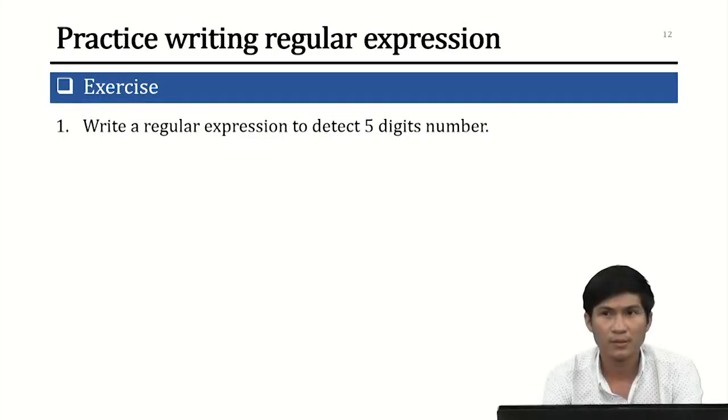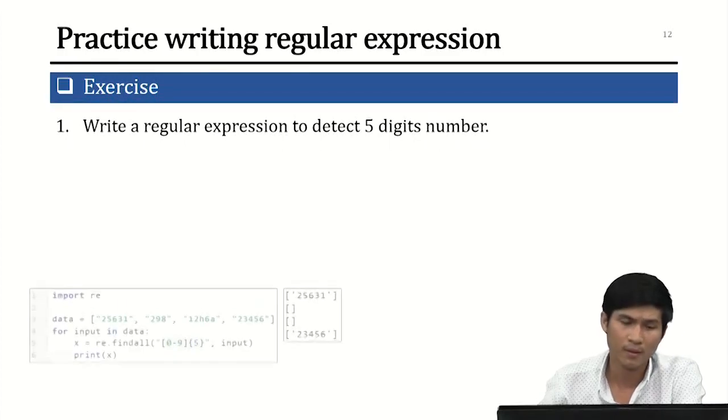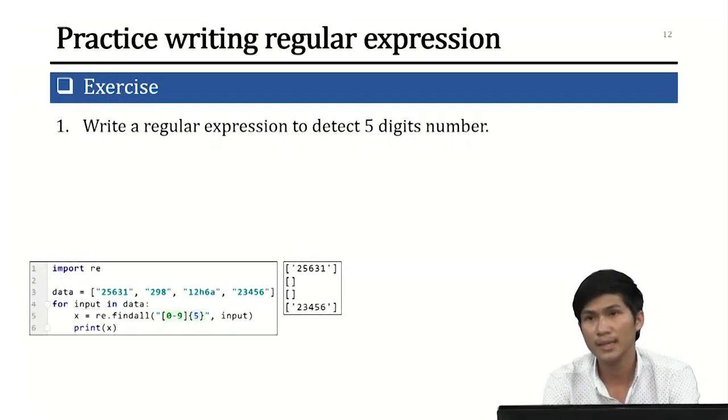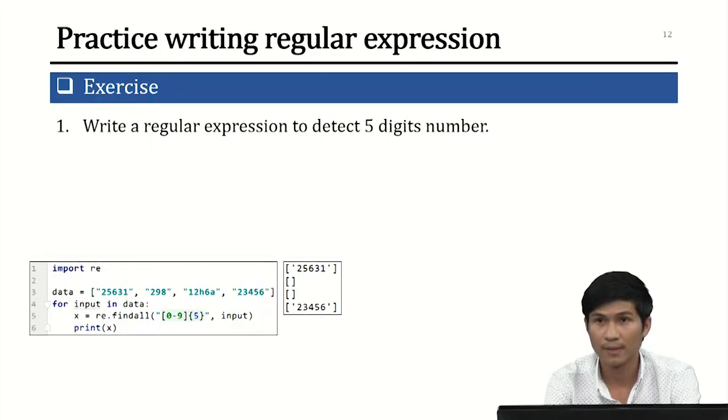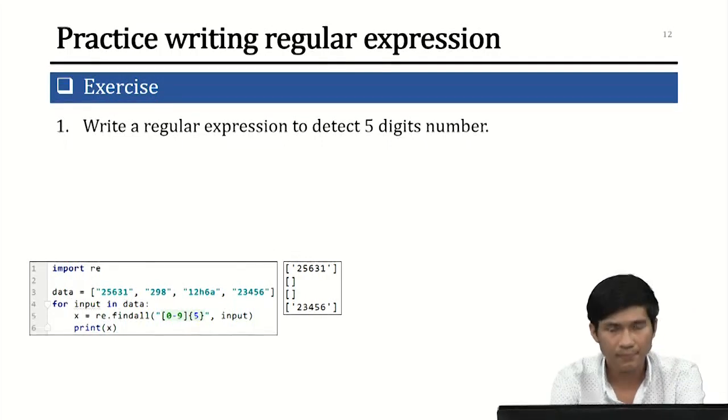So next, we will take a look at how we can write regular expressions. In the first exercise here, we write a regular expression to detect a 5 digit number. So how can we do that in Python? We import the built-in library re here. Suppose that we have the data to check. We have 4 data, a list of strings here in the data variable.